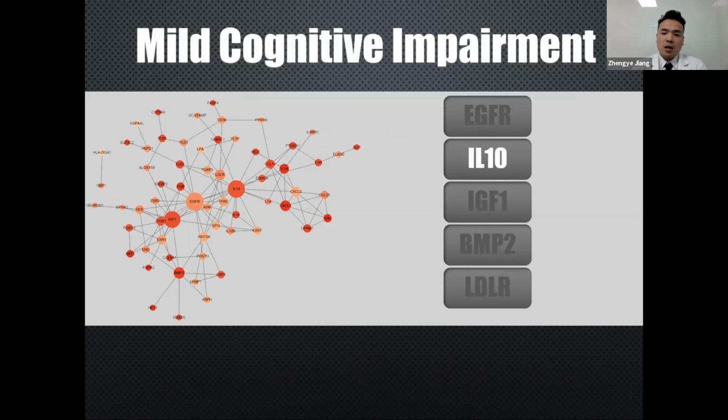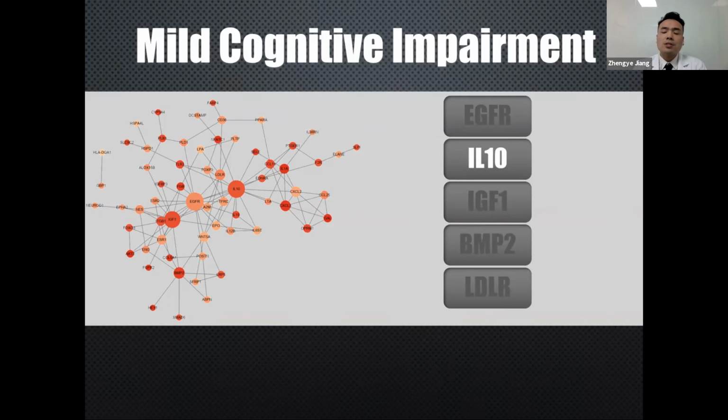IL10 is a key immunomodulatory cytokine which is involved in the inflammatory response. The research results of Guo et al. propose that the rebalancing of innate immunity via blocking of the IL10 anti-inflammatory response may be linked to the treatment of AD.